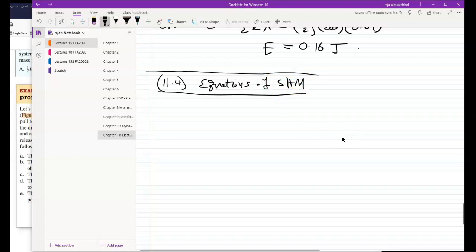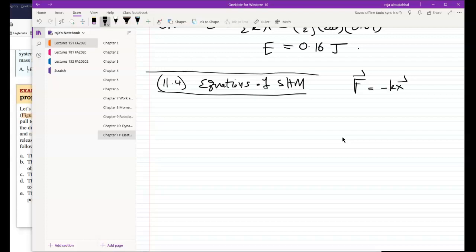Remember we said periodic motion can be described by, or the restoring force that is causing the harmonic motion is a force equal to minus kx, right? Where x here is the displacement, and the force is the restoring force, right? And both of them are vectors. The minus sign indicates that the displacement and the force vectors are opposing to one another, correct? All right.